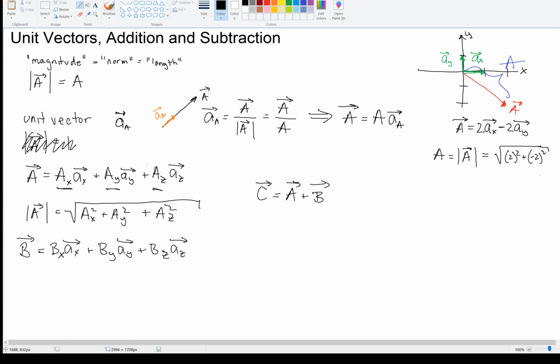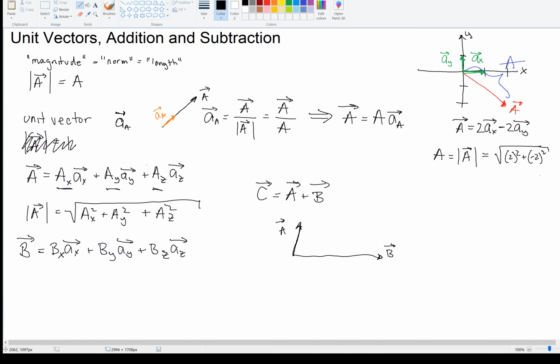So if I wanted to add two vectors together, let's say vector c is A plus B. Okay, we're going to use the so-called tip-to-tail method. And so, let's say I have vector A here. There's vector A. And then maybe B points like this. And I want to know, well, what is vector c?